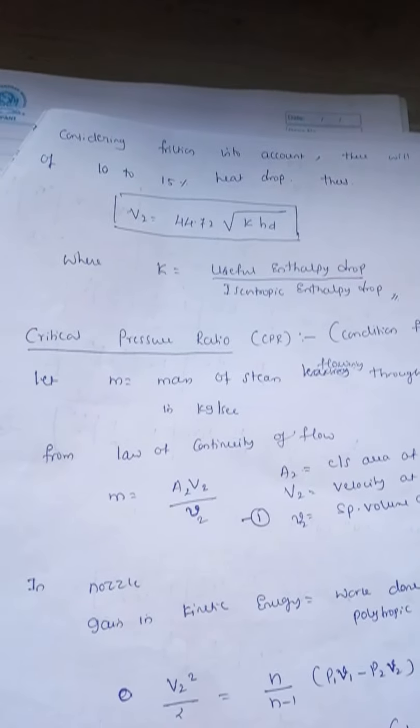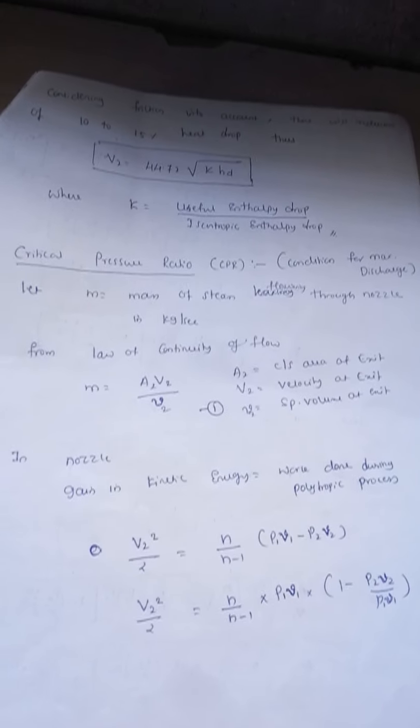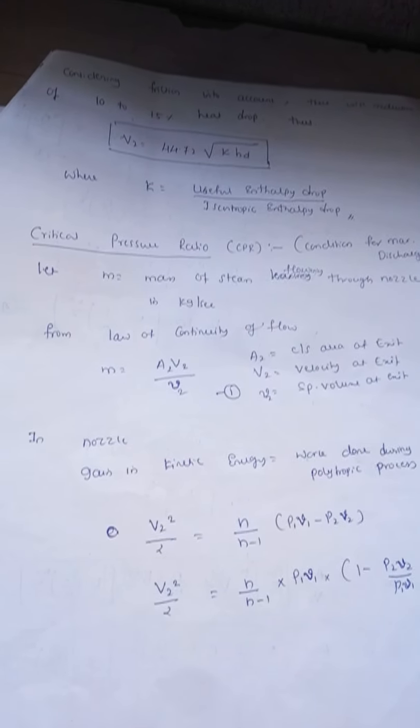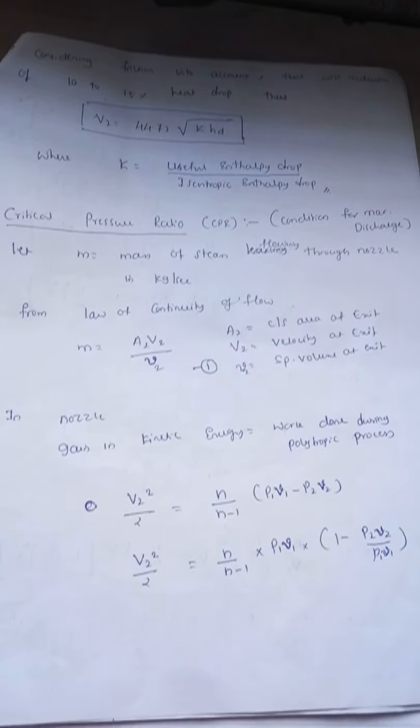One more derivation is left in this chapter, that is the critical pressure ratio. What does the critical pressure ratio mean? What ratio of inlet pressure to exit pressure should I maintain to get the maximum discharge?